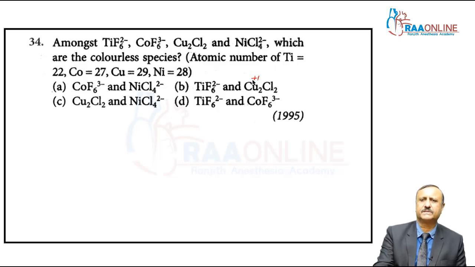So the answer is this one, where plus 1 is present in this option C. Because in plus 1, copper has a completely filled 3d10 d orbital, so it forms colorless species. Now we can see titanium. In titanium, you can calculate the oxidation state.